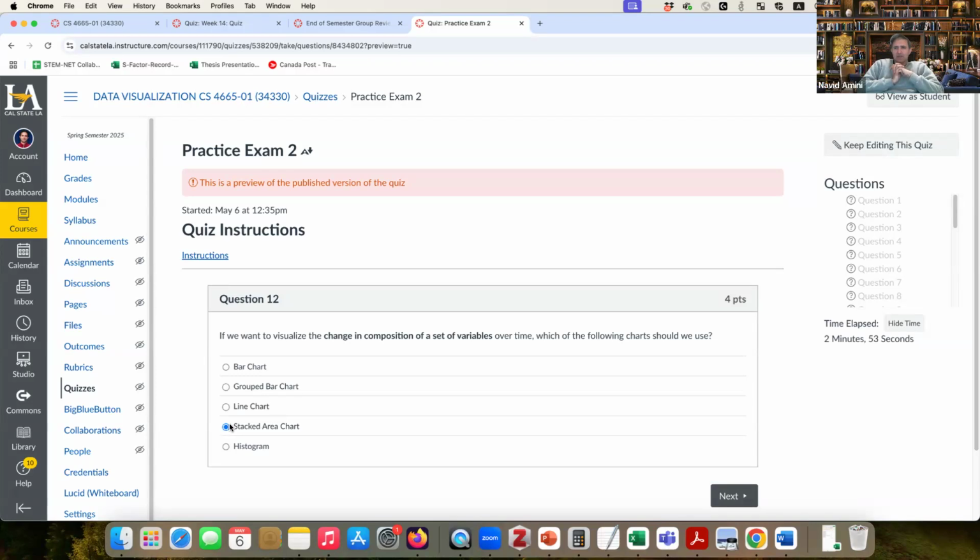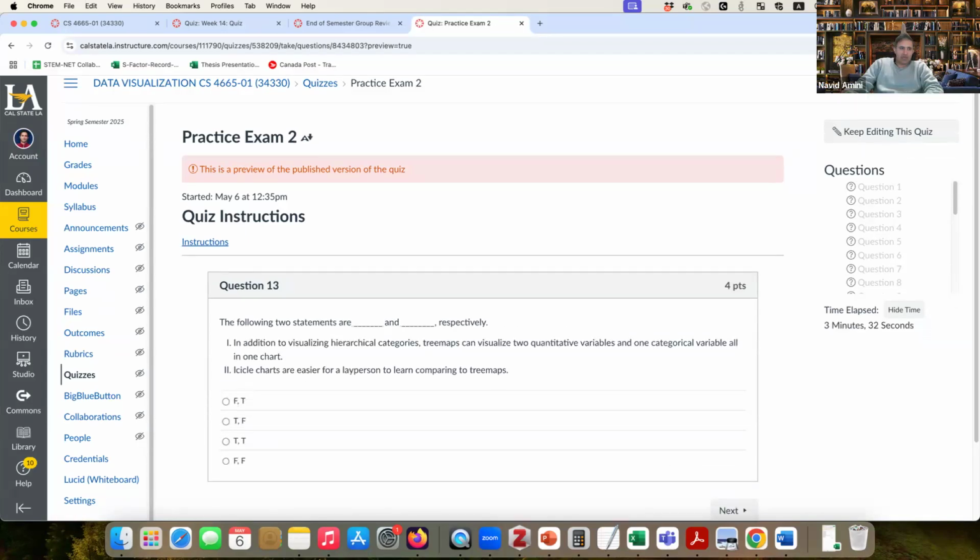That means we want to look at part to whole ratios too, in addition to part to part. And which one does that best? Stacked area chart. Because the other options here are either irrelevant, like histogram, or they're not good for part to whole. They are good for part to part. Only stacked here can be effective in making part to whole comparisons.